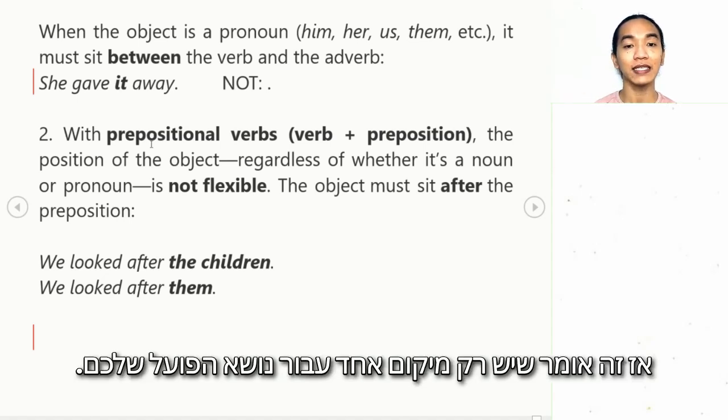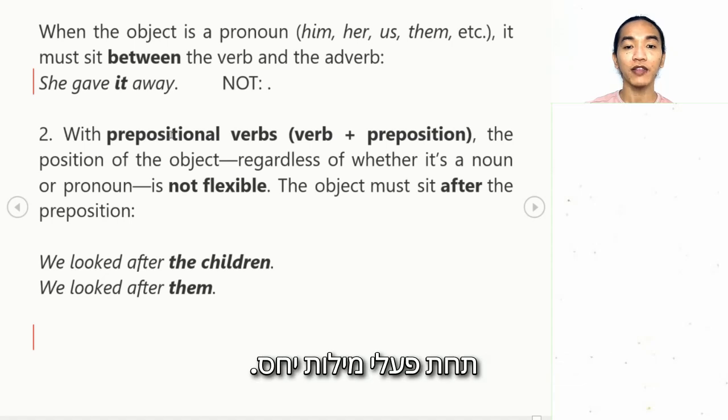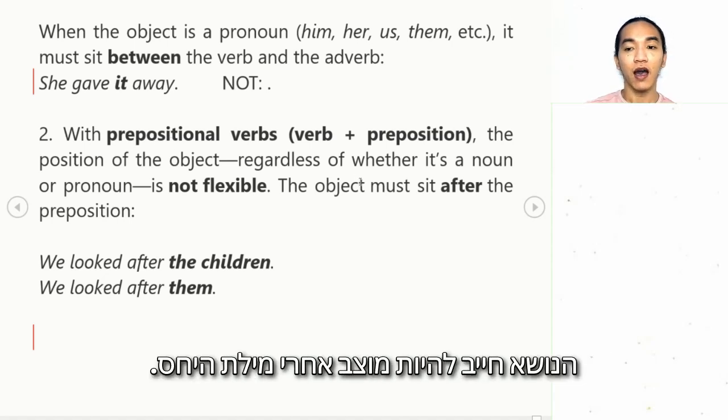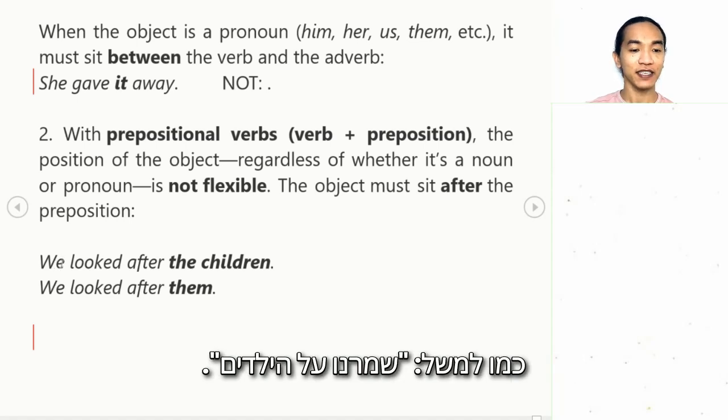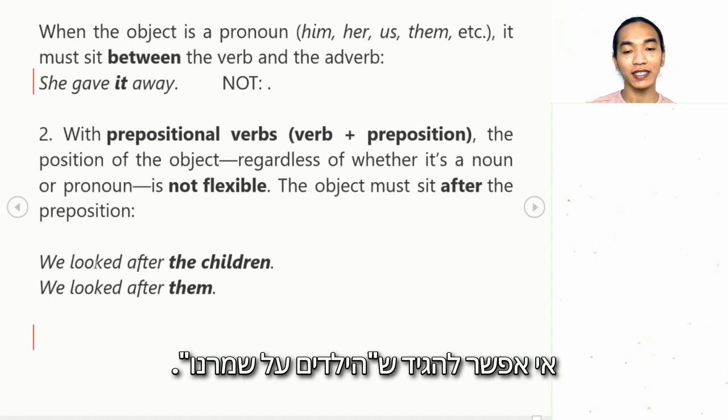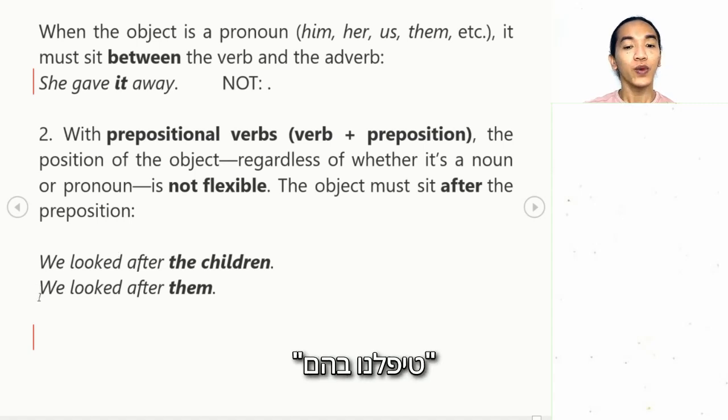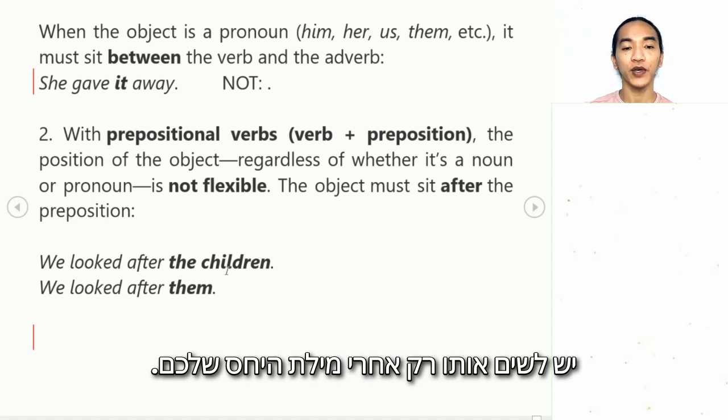So there is only one position for the object of your verb under prepositional verbs. The object must be placed after the preposition. For example, we looked after the children. You cannot say, we looked the children after. That is wrong. We looked after them. It should only be put after your preposition.